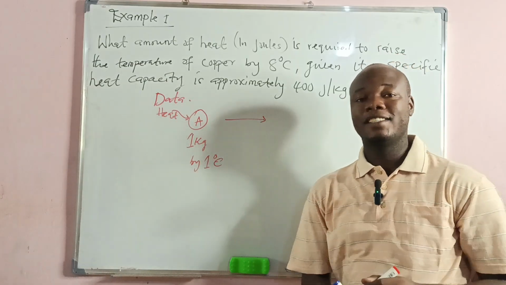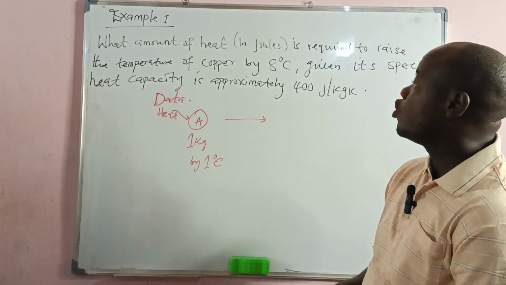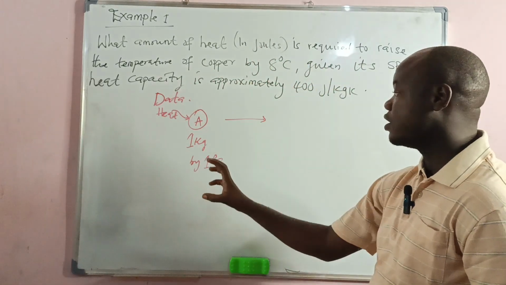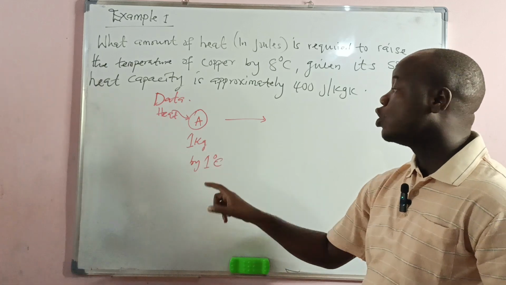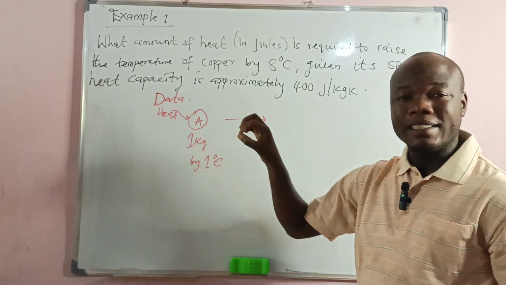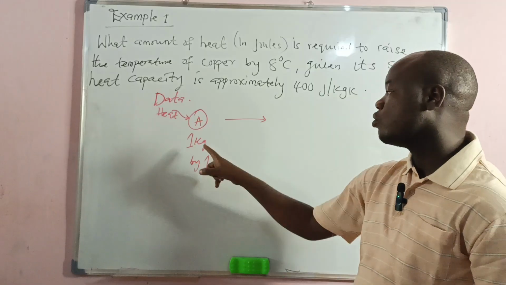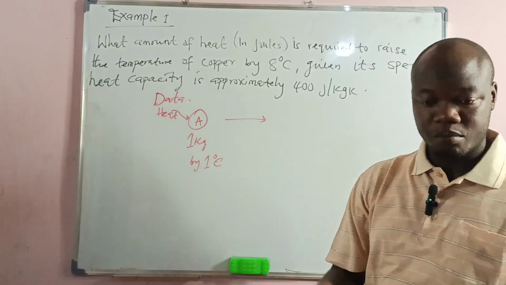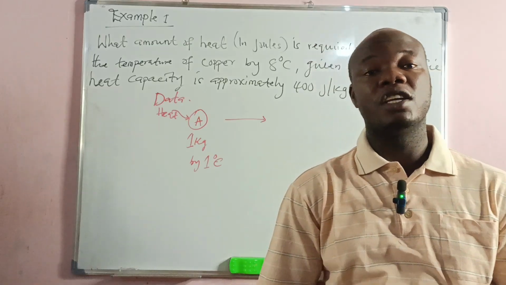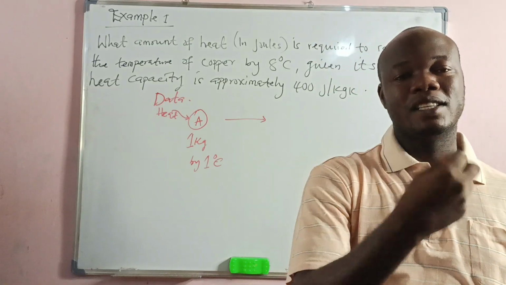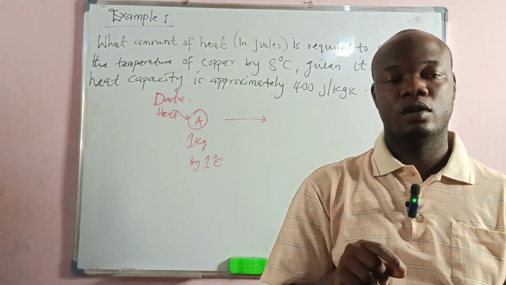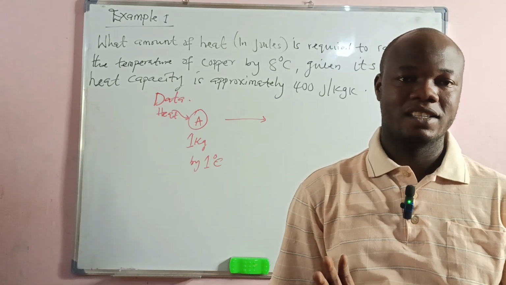So when we are talking about specific heat capacity, it is talking about the exact mass of the object as 1 kilogram.